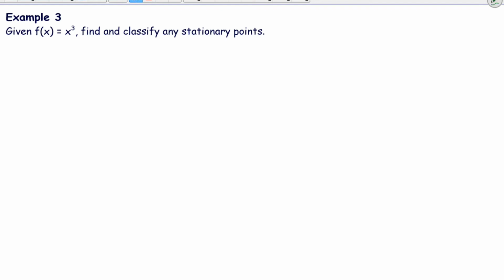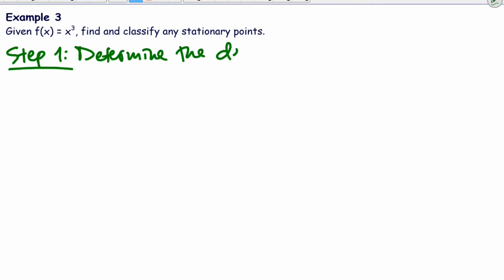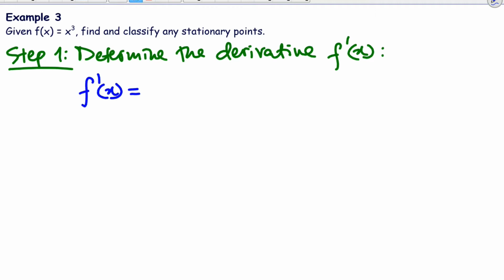So step 1, determine the derivative f dash x, and we can see that f dash x here is 3x squared. In fact, we calculated this previously.